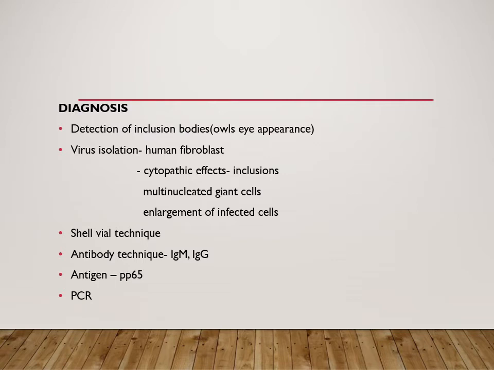And after IgM, the IgG remains for a longer time and persists lifelong. Then antigen detection can also be done, that is pp65, which can be detected by indirect immunofluorescence test, and then PCR is a very good test that can detect specific CMV DNA in the blood.